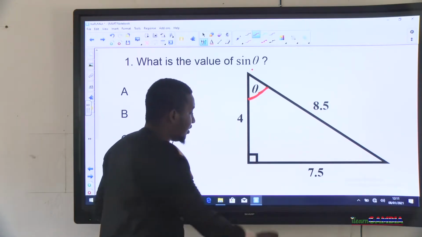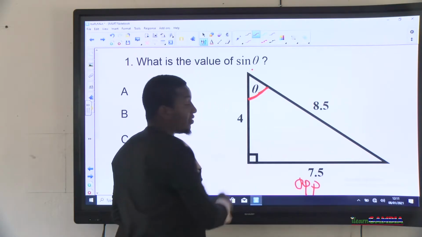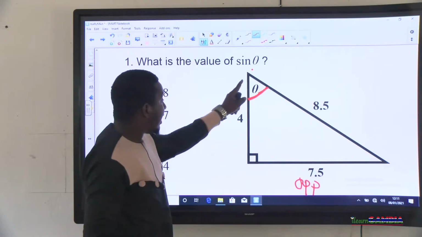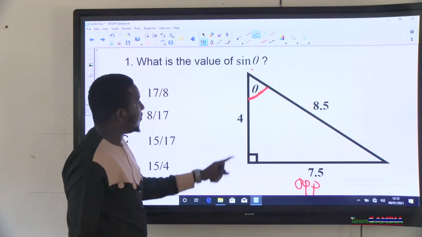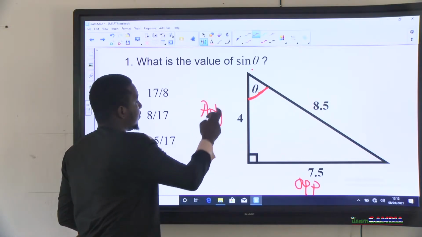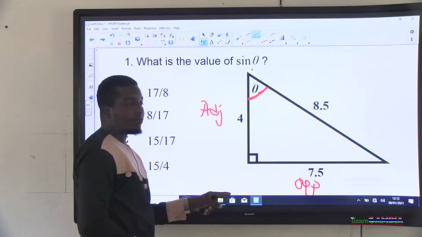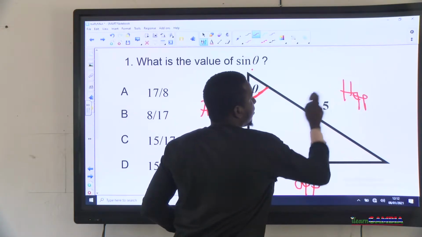Here is going to be the opposite of the angle. And the side that is adjacent to our reference angle is the side that measures 4. That is the adjacent side. And here is going to give us the hypotenuse.